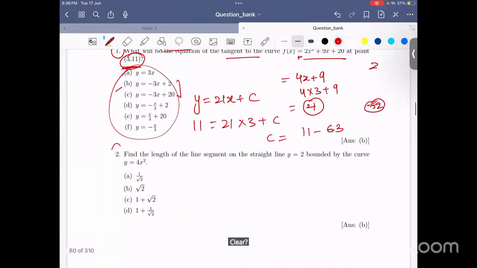Can you solve this one? Find the length of the line segment of a straight line bounded by this curve. Let's see how many of you are able to solve this.